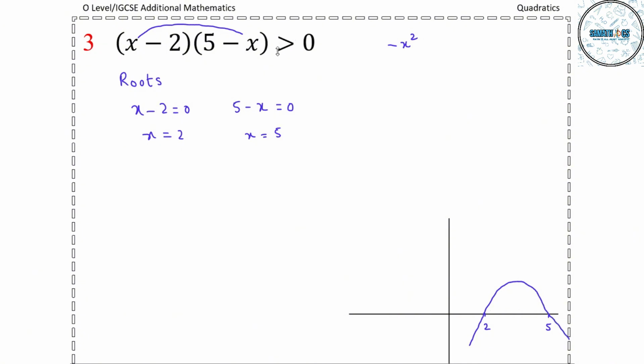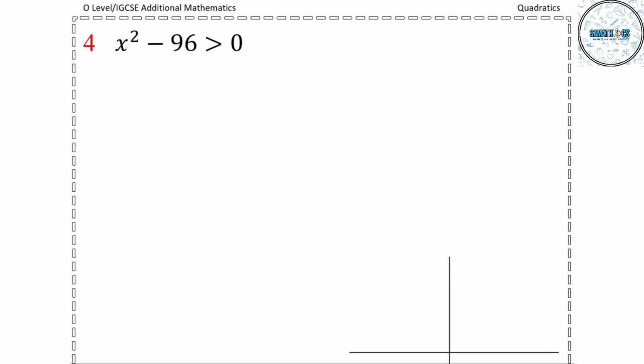Now, as there is a greater than sign, we have to consider the upper part of the curve. And on this part, the values of x are in between 2 and 5. So we will write the solution as x is greater than 2 and x is less than 5.